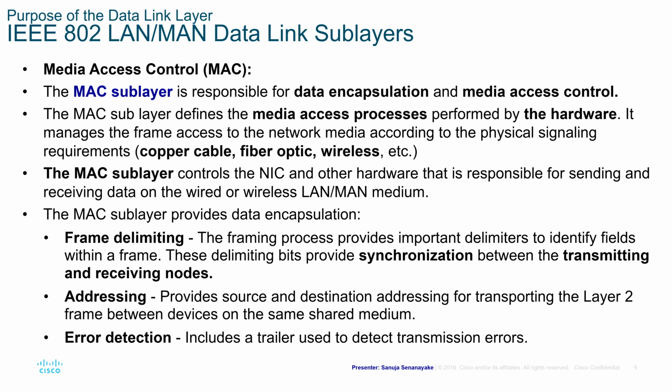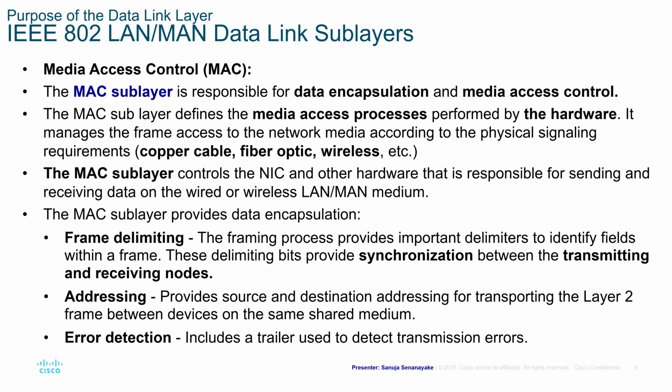It manages the frame access to the network media according to the physical signaling requirements such as copper cable, fiber optics, wireless, etc. So the MAC sublayer is responsible for managing the signaling requirement for each one of those categories. And the MAC sublayer controls the network interface card and other hardware that is responsible for sending and receiving data on the wired or wireless LAN or MAN medium.